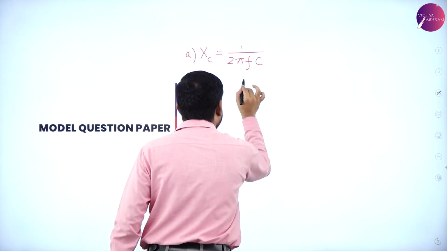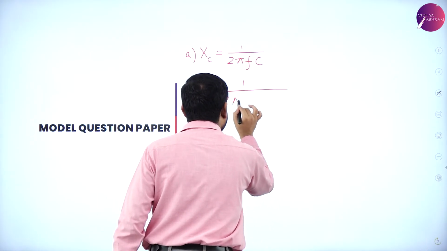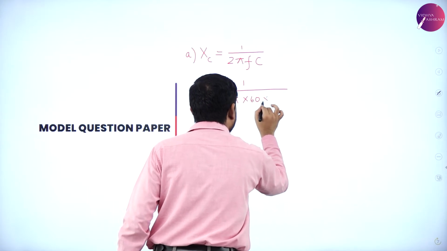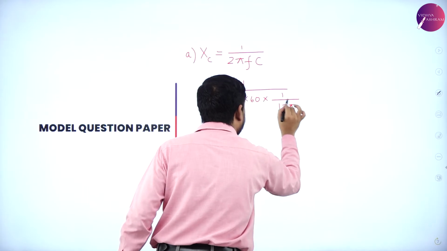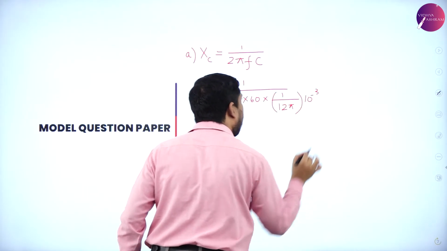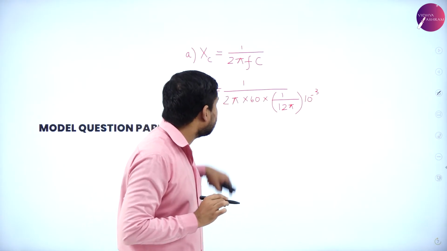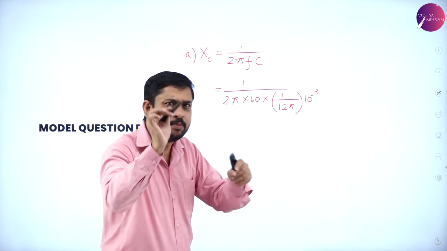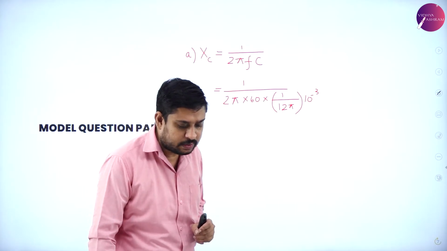So this is 1 by 2 pi into 60 into 1 by 12 pi milli, and since it is milli, 10 power minus 3. That pi gets cancelled, 6 times, 10 times. Simplification is very simple. I want you all to do that.